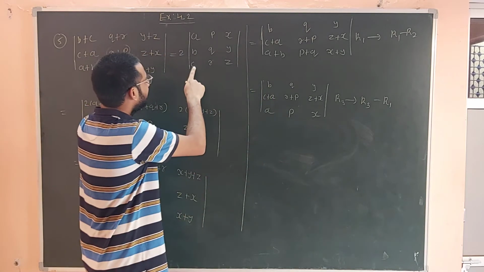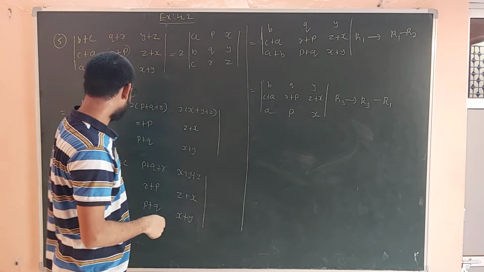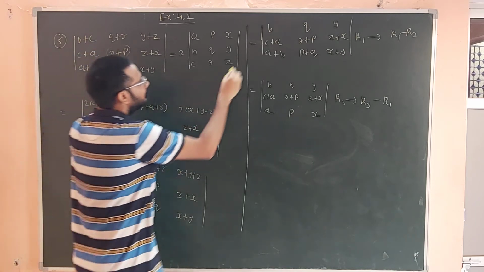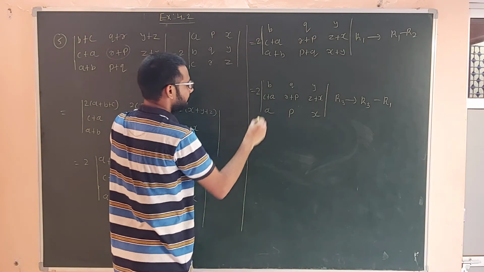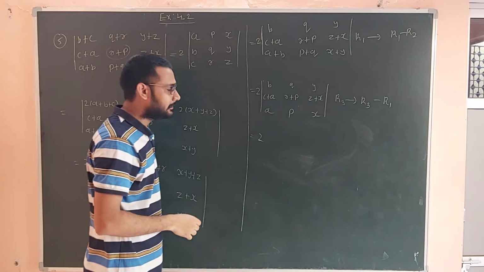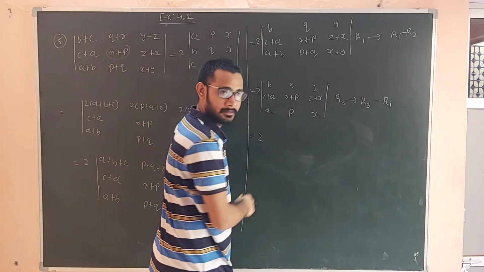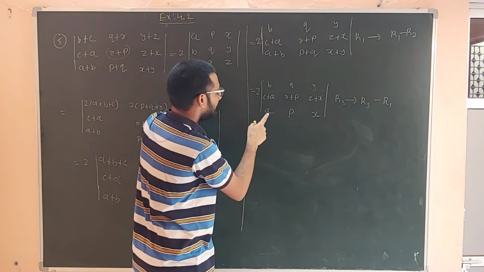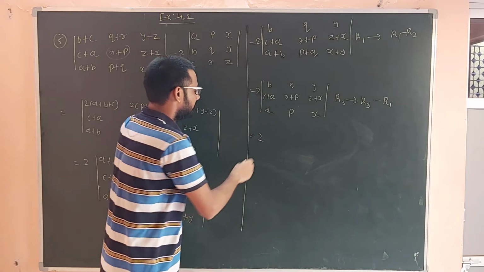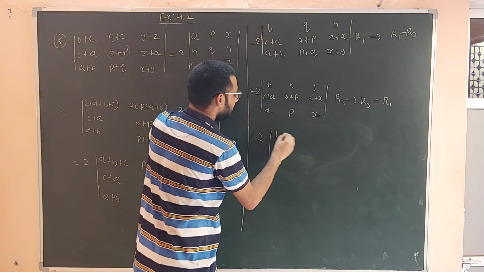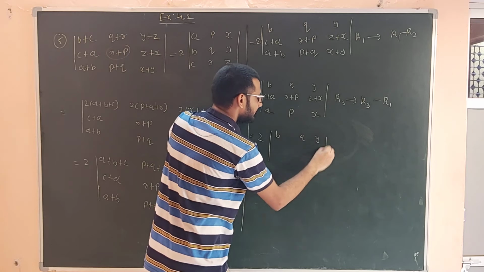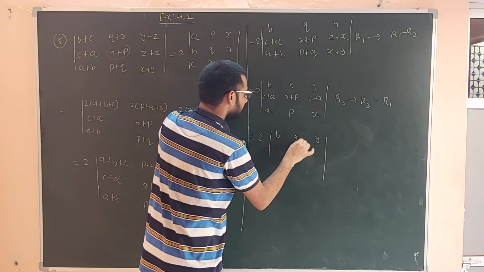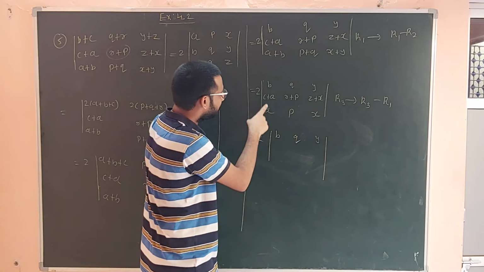Now we require C, R and Z. Okay. Here we common out 2. So write here 2 and 2. Now we add row 3, okay, with negative 1 and add into the second one. So first one B, Q and Y as it is, okay. We add A with minus 1, add here.